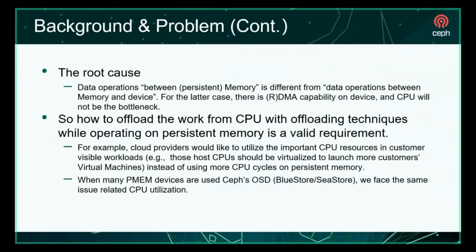So we conclude that the root cause is that the data operations between memory and persistent memory are different from the data operations between memory and the devices. Because for the latter usage case, there is DMA or RDMA capability on those devices.